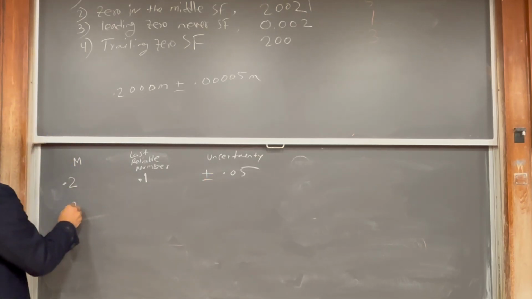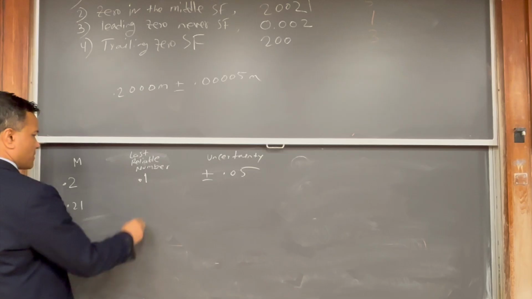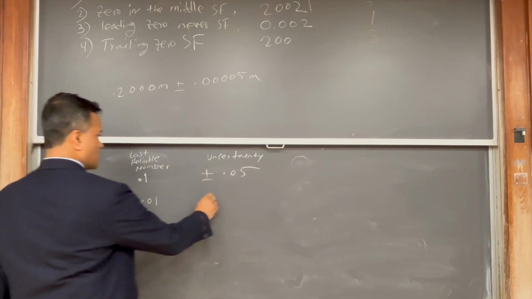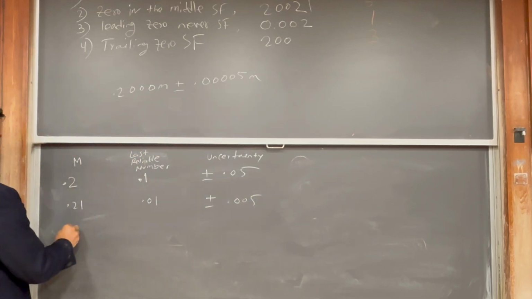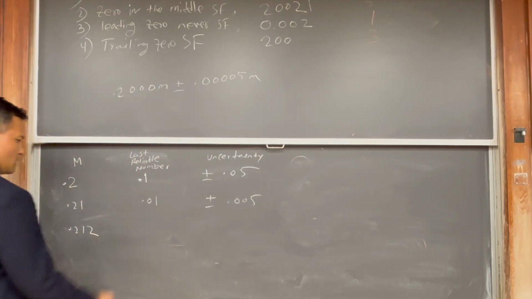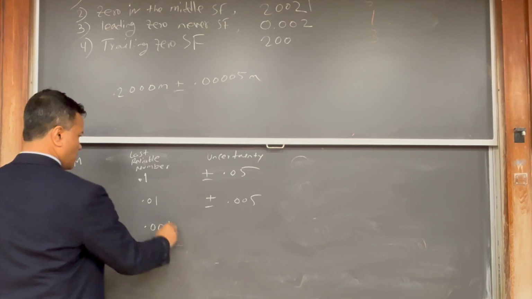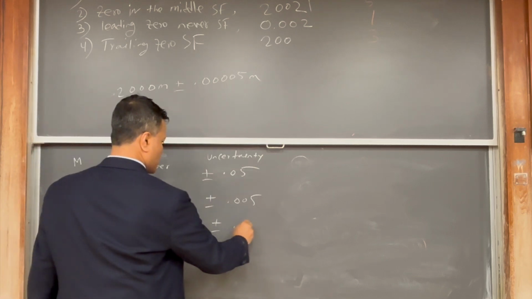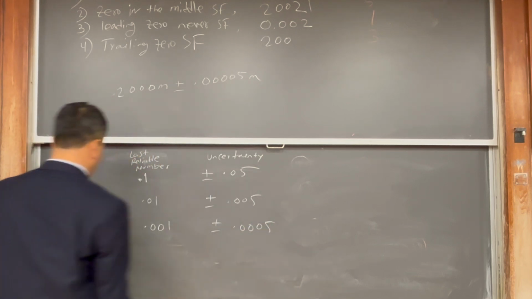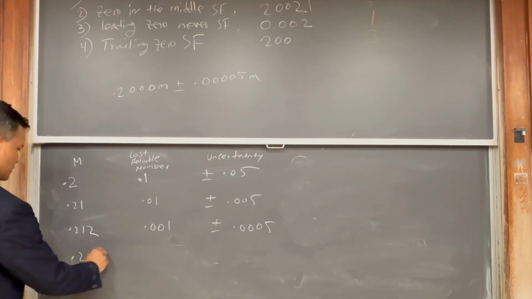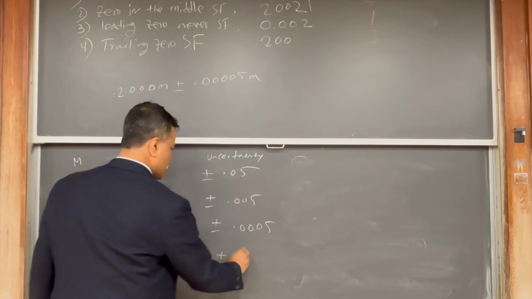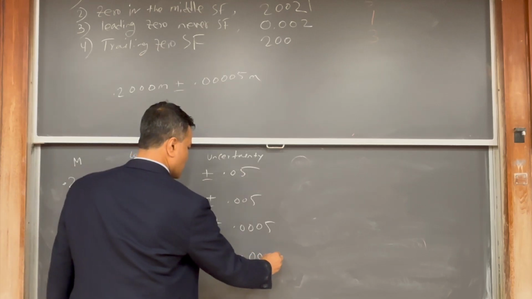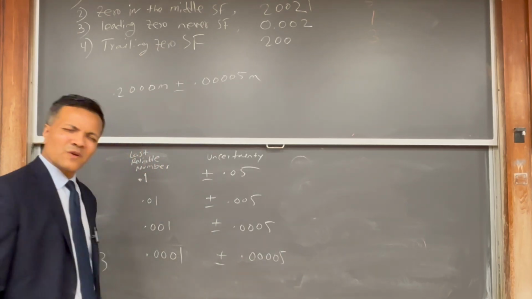Measurement is 0.21. Last reliable number is 0.01, plus minus 0.005. Measurement is 0.212, 0.001, plus minus 0.0005. Last one, 0.2123, 0.0001, plus minus 0.00005. Hopefully you get it.